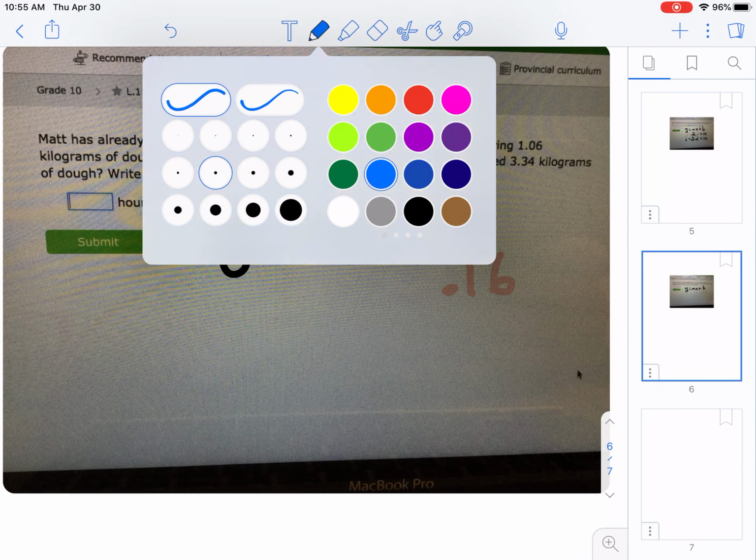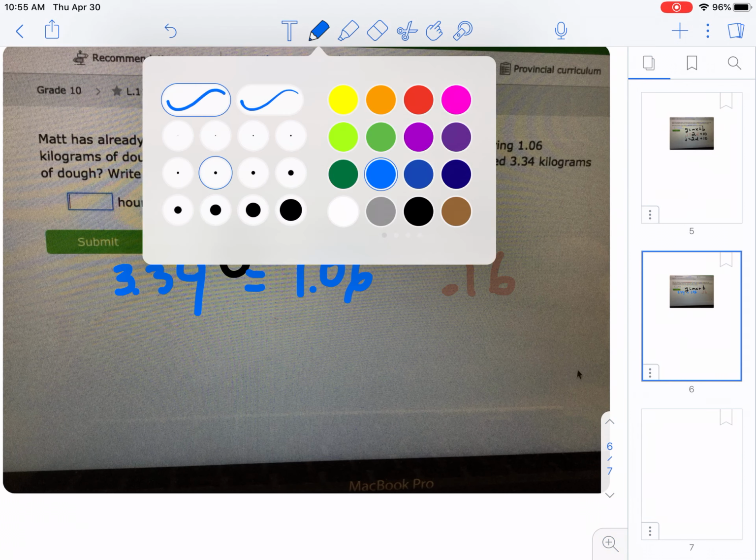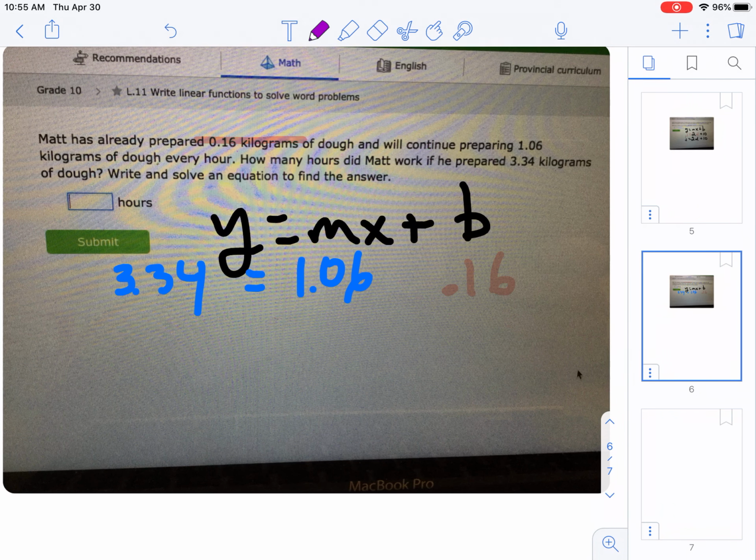How many hours did Matt work if he prepared 3.34 kilograms of dough? So that's your answer, 3.34. So what we have to solve for here is how many hours did he work?